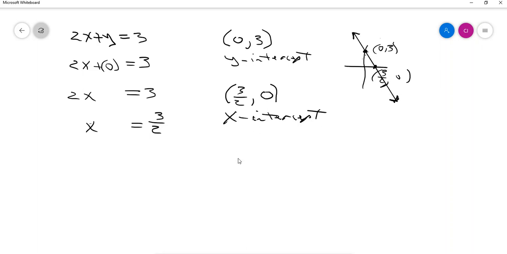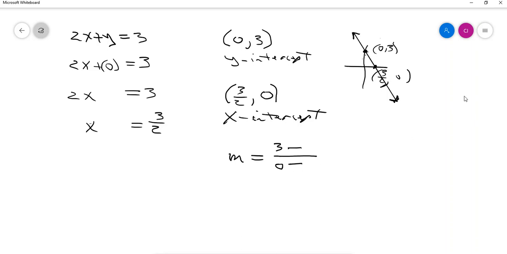Again, we could use these 2 points. We have m equal to, and let's say this is the first point we're going to use in the slope formula, right? So remember 0 and 3. Here x is 0, y is 3. So put that there, and then minus.